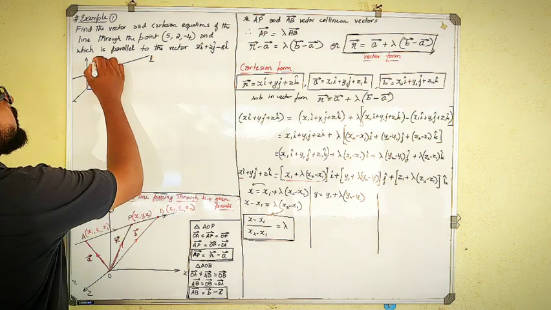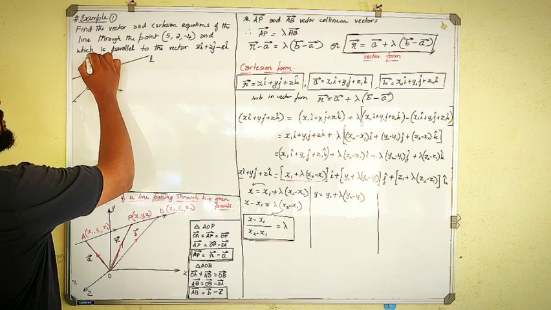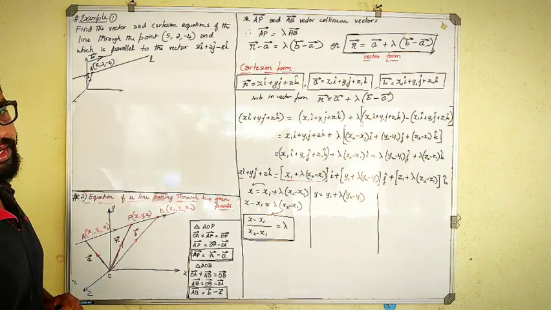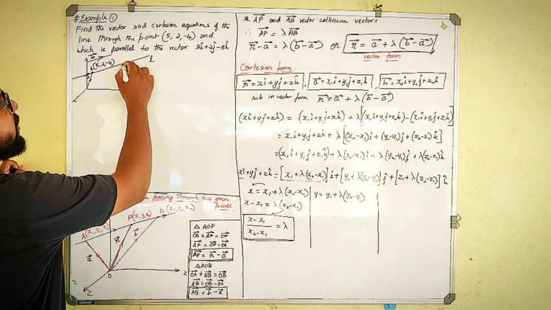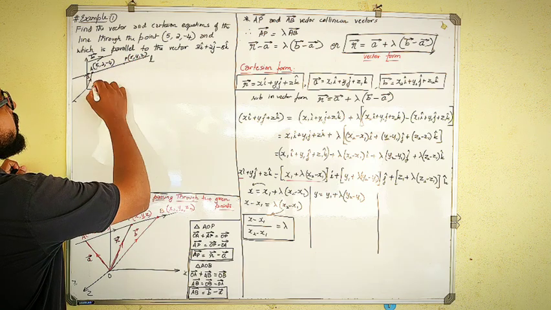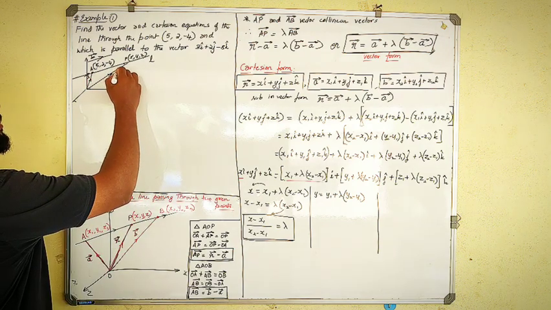Then there is another vector which is parallel, that is B vector. This is the vector which is parallel to the line I am trying to find out. And there is a random point P (x, y, z). This is my R vector.